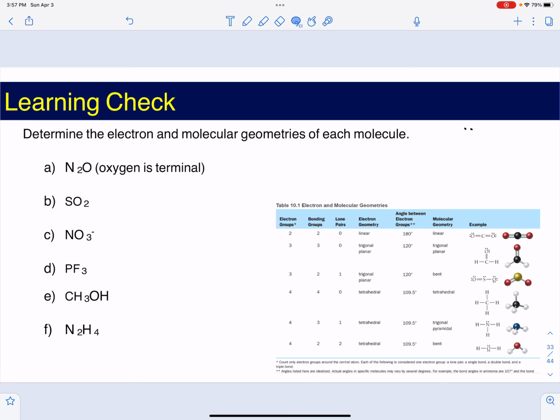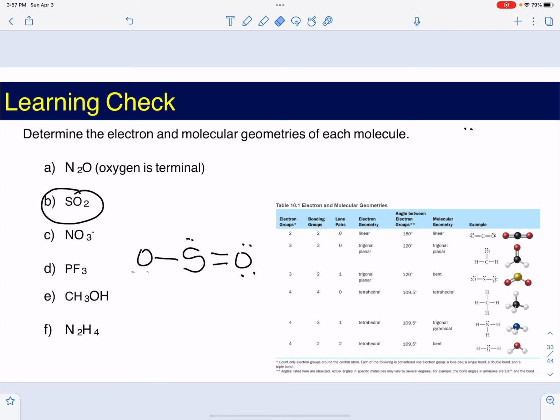Let's do SO2, or sulfur dioxide. We're going to have sulfur and the 2 oxygens. So once more, I am not even looking at this.